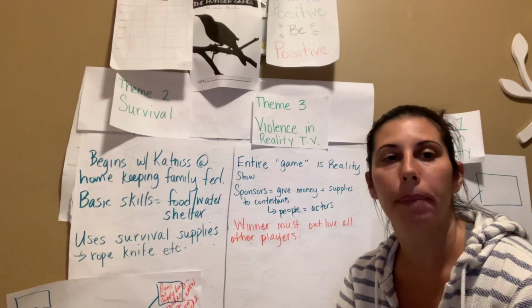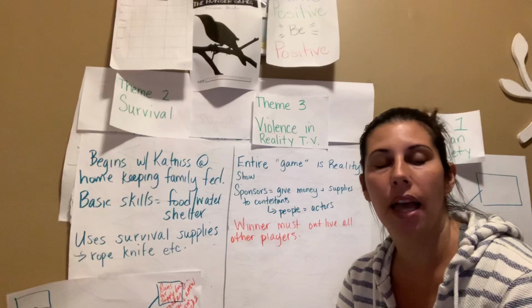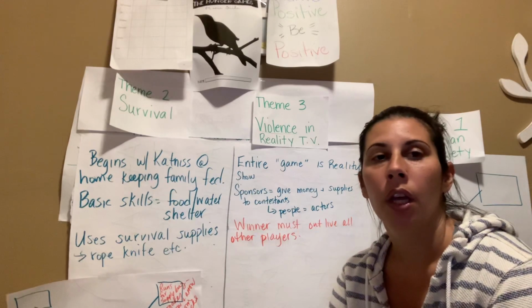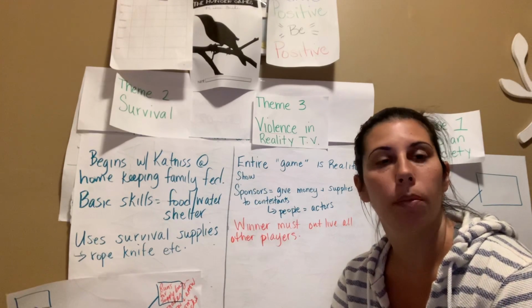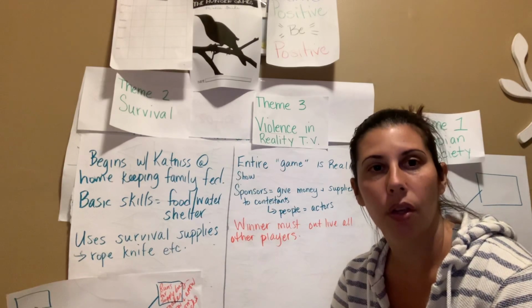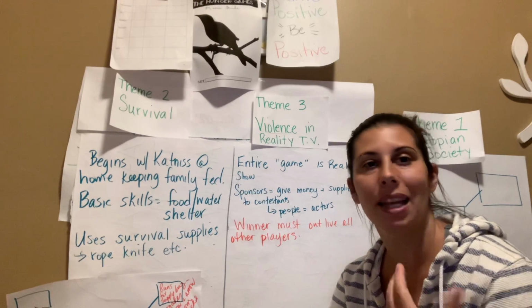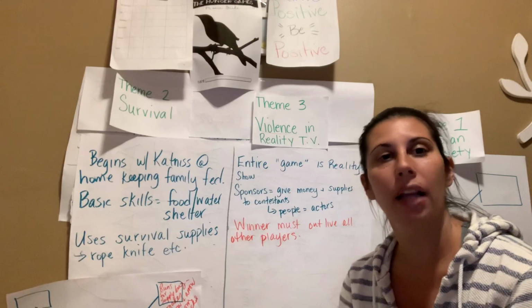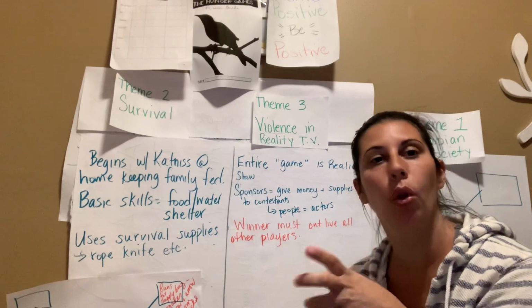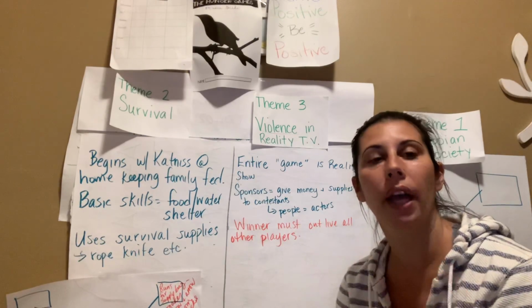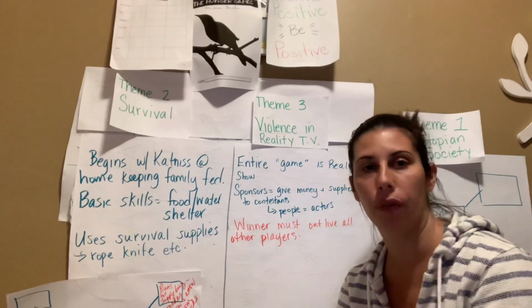Now, when we talk about violence, when we talked about man versus nature and Katniss having to fight against those fires, we see behind the scenes that's not a natural fire. There were actual people in the control rooms setting those fires to create that struggle for her.